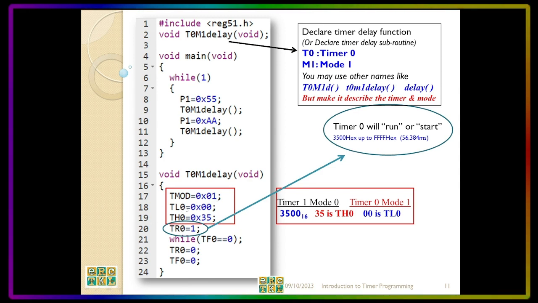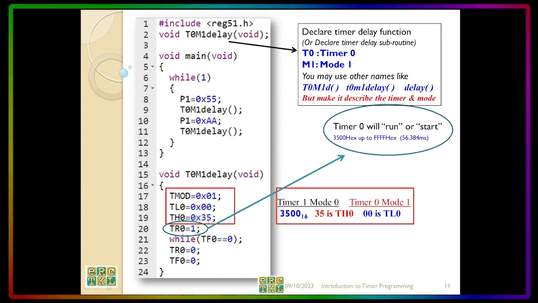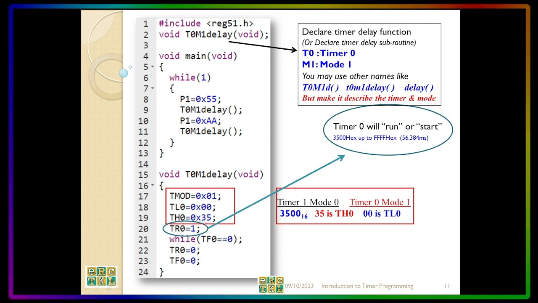Now the TL0 and the TH0, as we have calculated, will become 00 and 35 to represent the 56.384 milliseconds timer delay that we want. So these numbers, 00 and 35 hexa, may change depending on what timer delay you want.